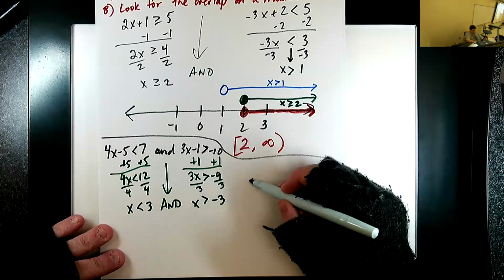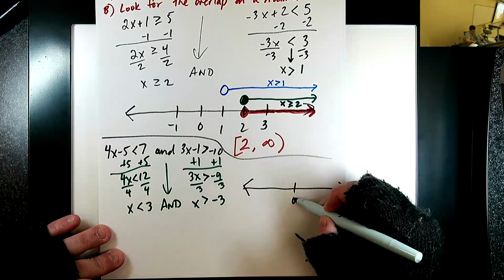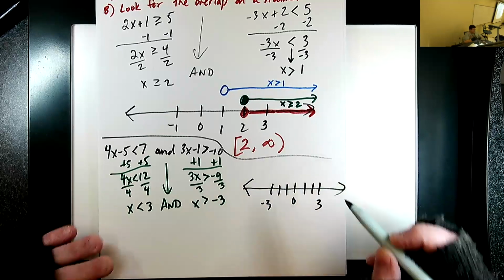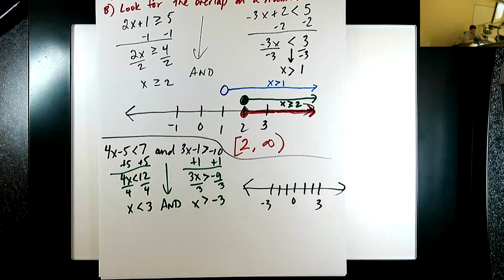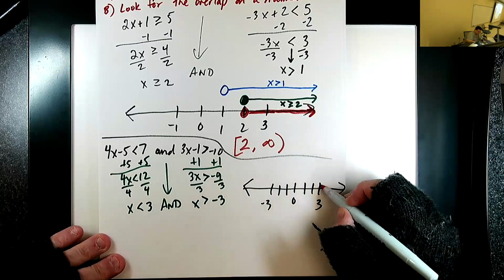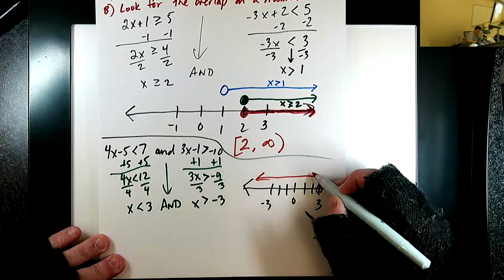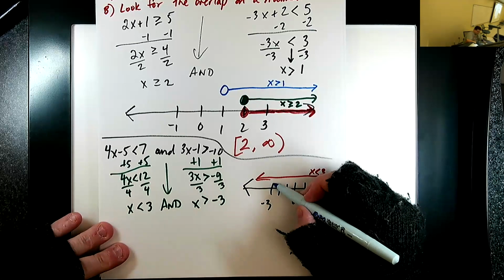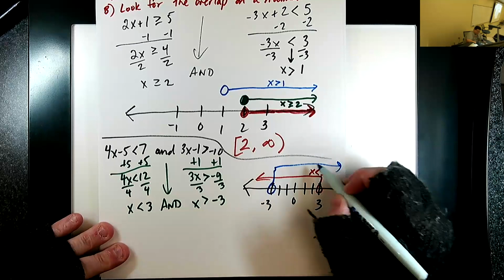So on a number line, x is less than 3, starts at 3 and goes to the left. X is greater than negative 3, starts at negative 3 and goes to the right.